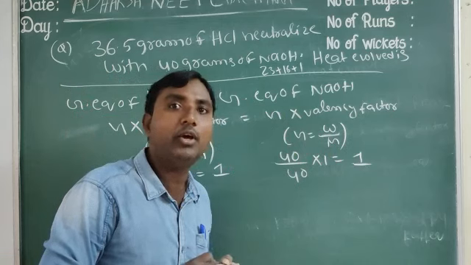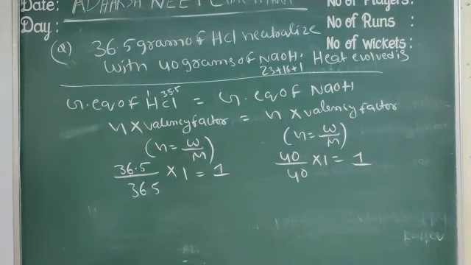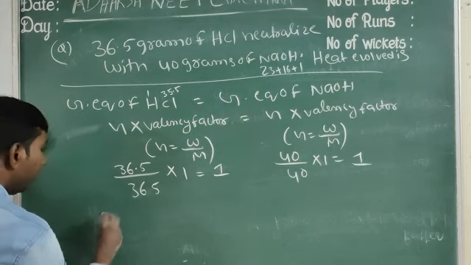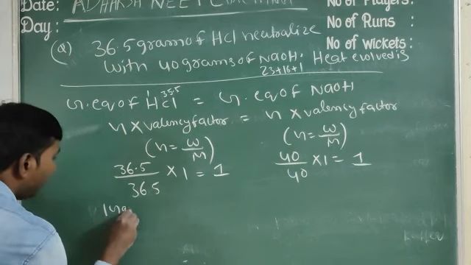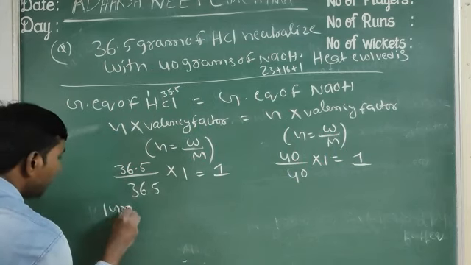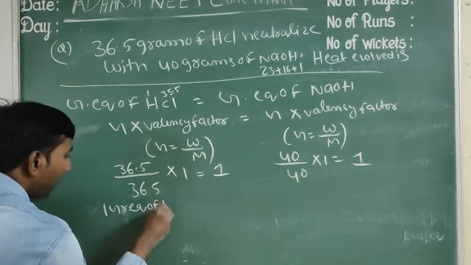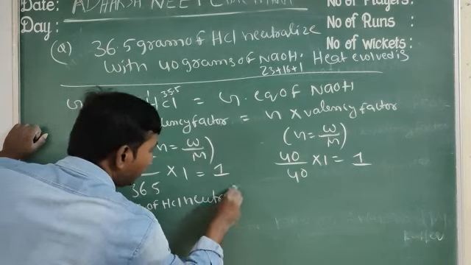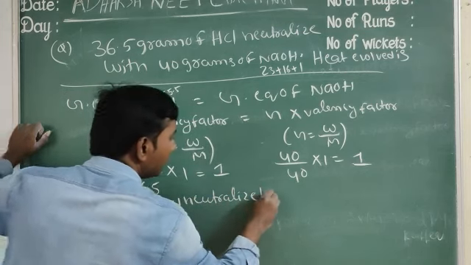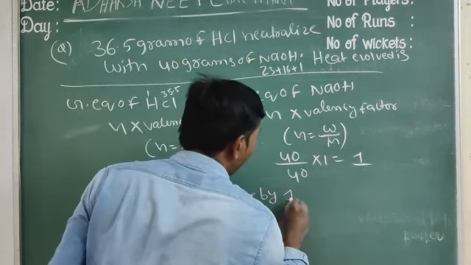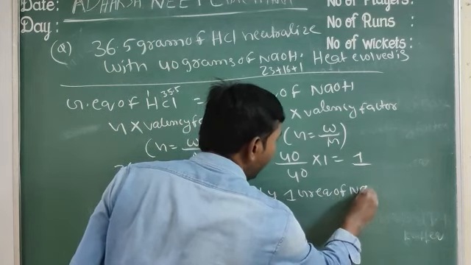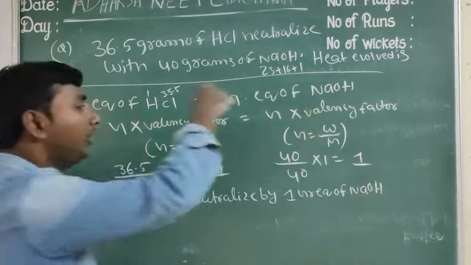Both undergo neutralization. So what is the answer? 1 gram equivalent of HCl is neutralized by 1 gram equivalent of NaOH according to the data.